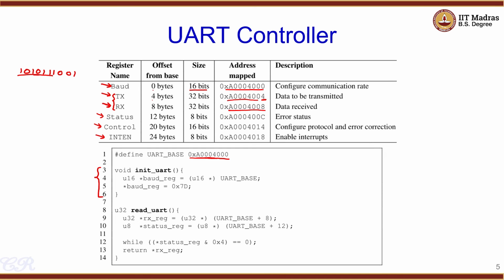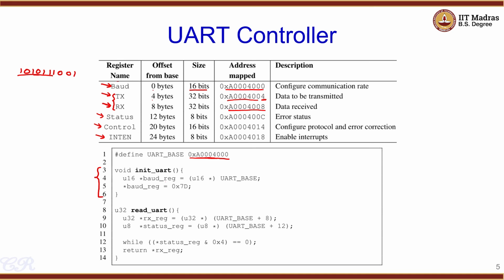This is highly simplified, and what you see over here first is a memory pointer called baud_reg, which is initialized to UART_BASE. Notice that UART_BASE is 0xA004000, which corresponds to the baud register, right? So we essentially have a memory pointer pointing to the UART base.